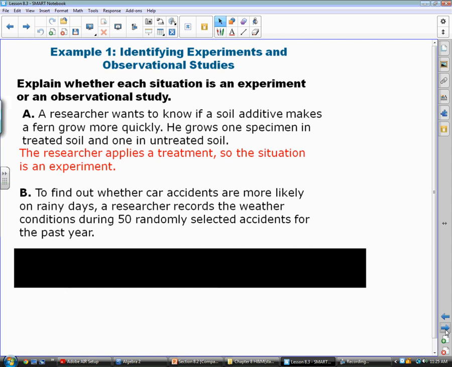Since that researcher applied a treatment, they put an additive in there, that's going to be an experiment. Go ahead and discuss number 2. You can switch roles there.